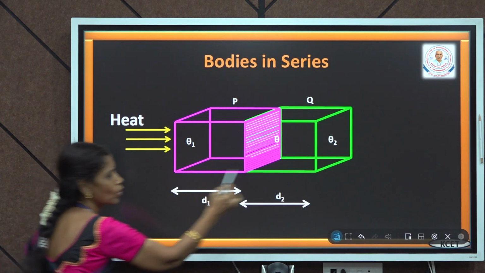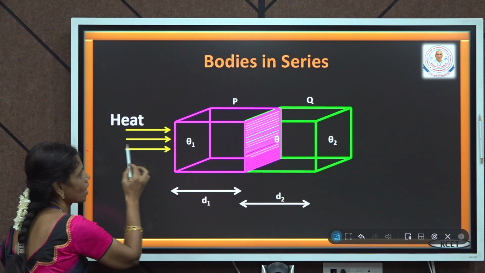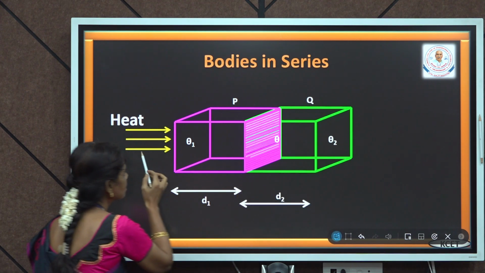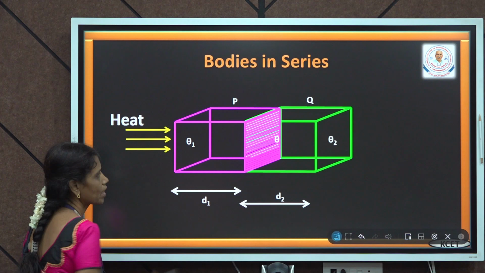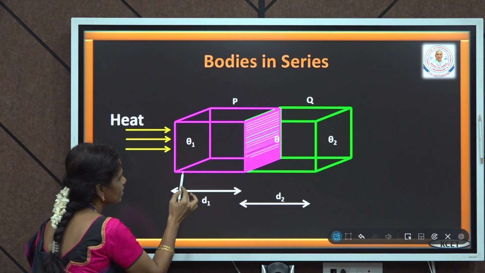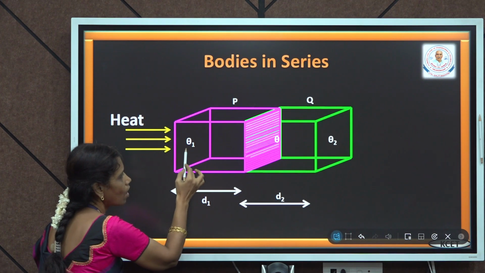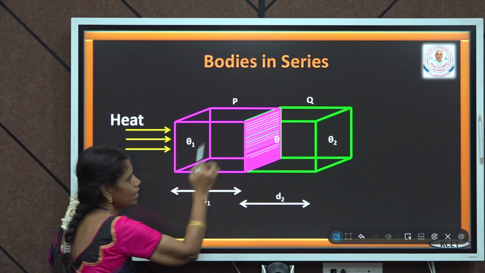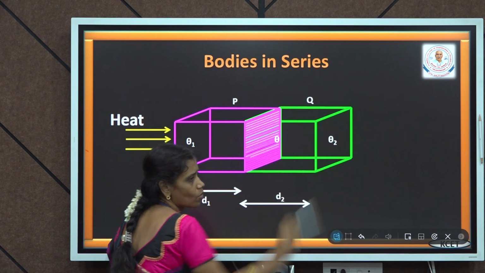Then this compound medium is subjected to heat at one end. So, obviously, this end will be hot compared to the other end, which will be cold.